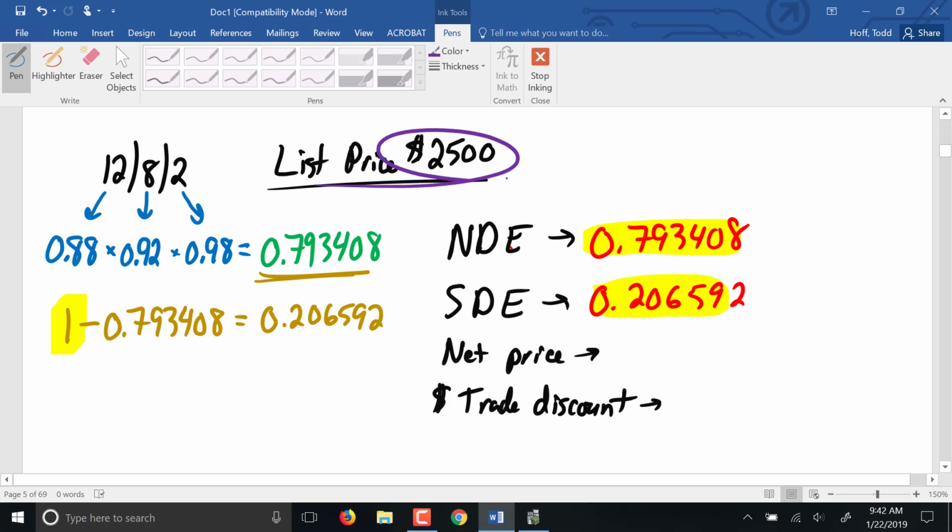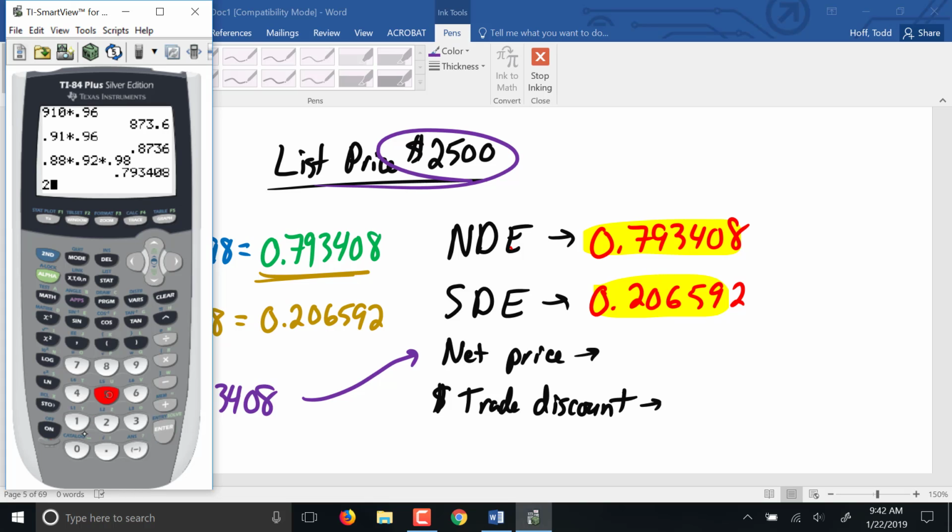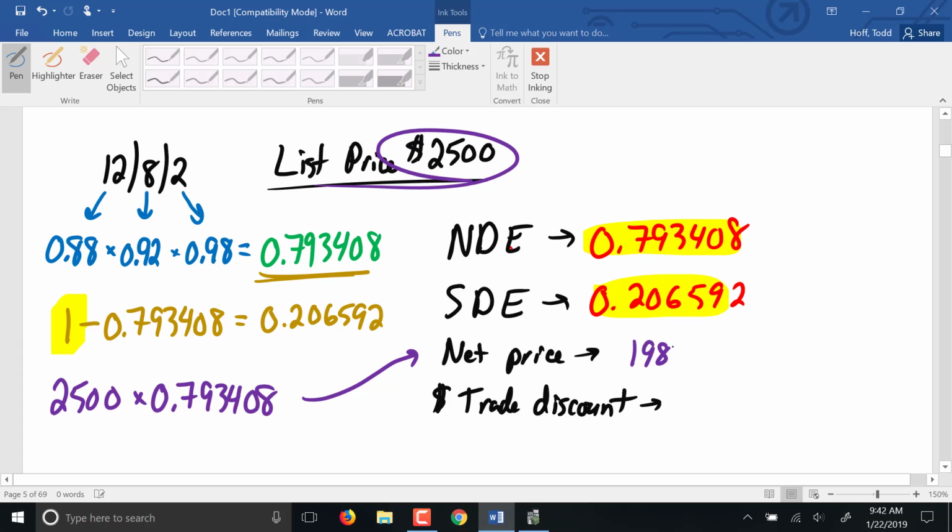Find our net price. It is our list price, $2,500, times our net decimal equivalent, 0.793408, giving us $1,981.02. That is our net price.